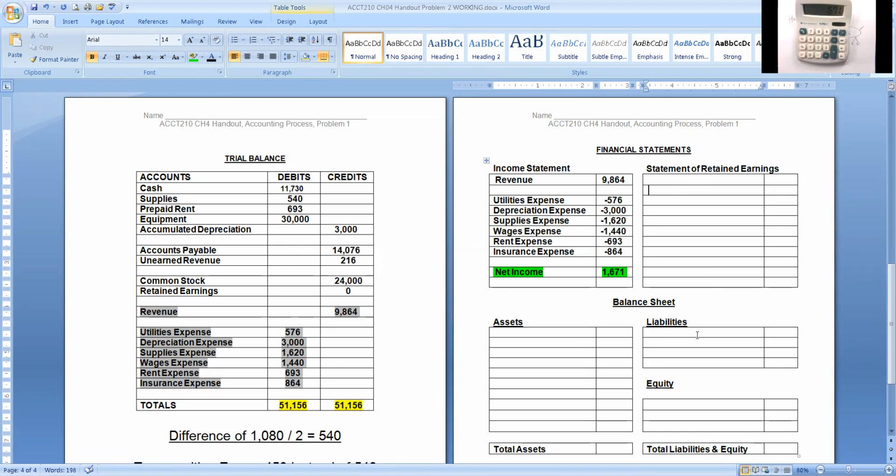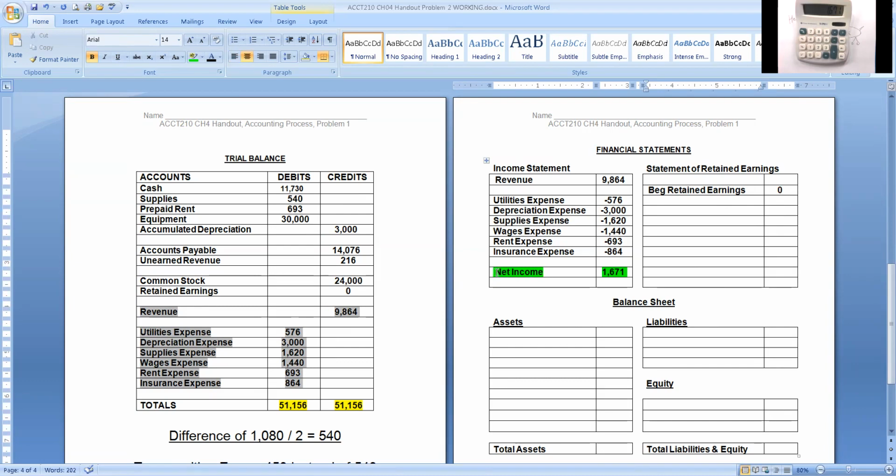Okay, the statement of retained earnings is a little bit tricky right now because how much do we have in our retained earnings to begin with? 0. Beginning retained earnings is 0. First year of business, we don't have any.